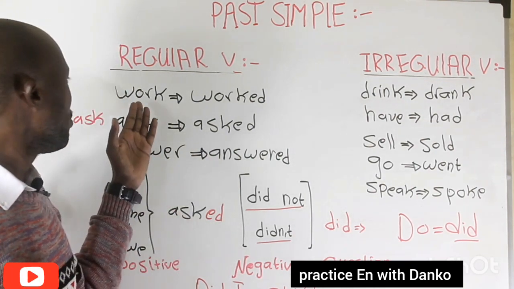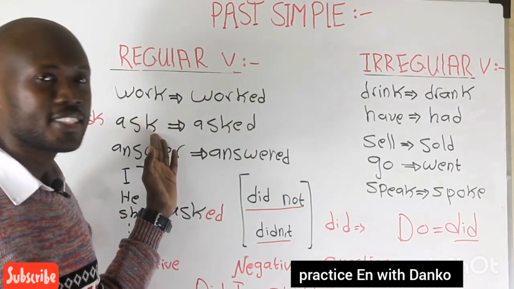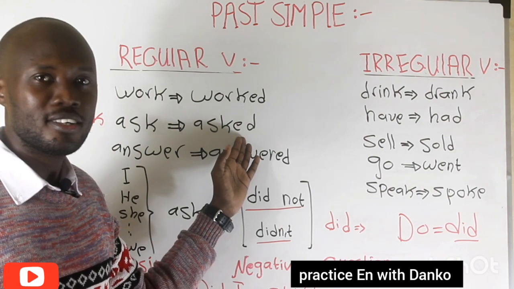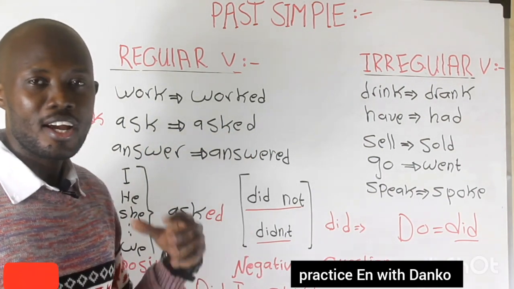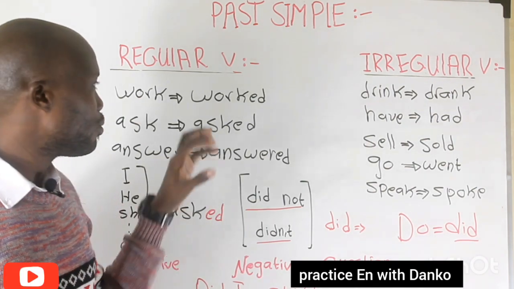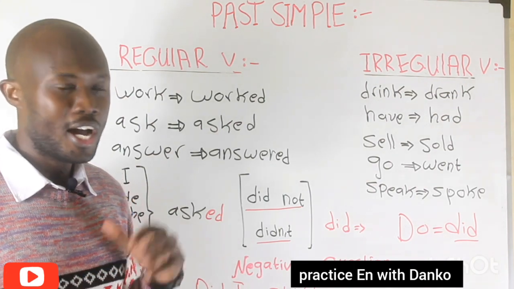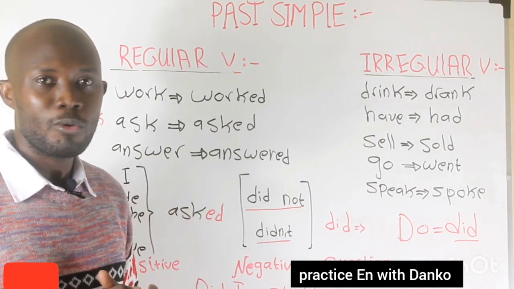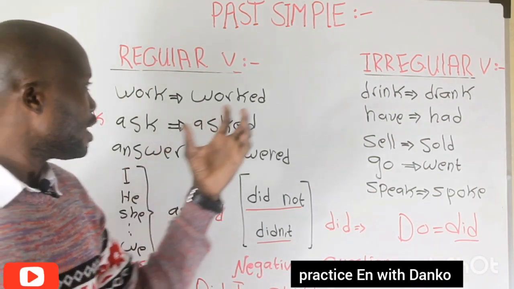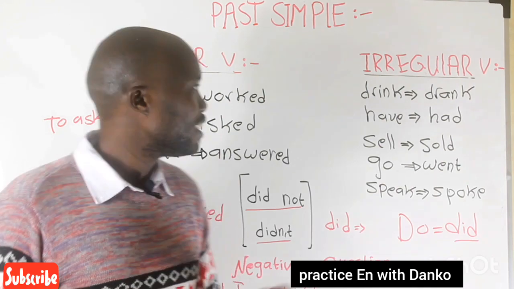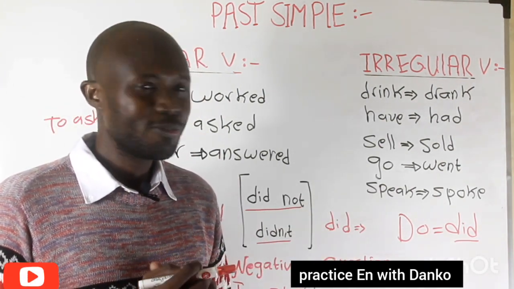So here, work becomes worked. Ask, asked. Answer, answered. Okay, and so on. Verbs ending in ed are the most common and very useful in our everyday English. The irregular verb, this kind of verb, could be a little bit hard for a lot of you, and I know that.